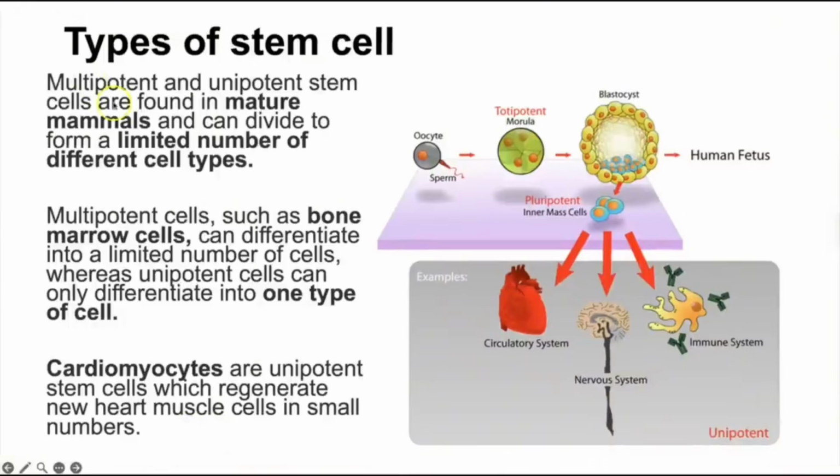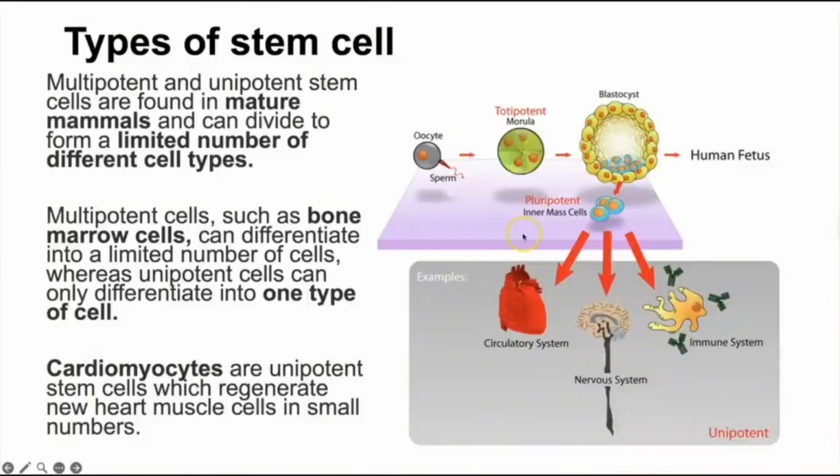So we also have multipotent and we have unipotent stem cells, which are found in mature mammals, meaning after the embryo stage. And they can divide to form a limited number of different cell types. Multipotent cells are, for example, bone marrow cells that we have as adults or even as children.